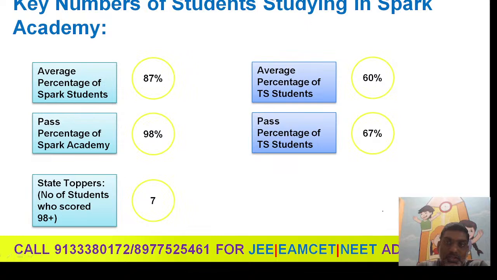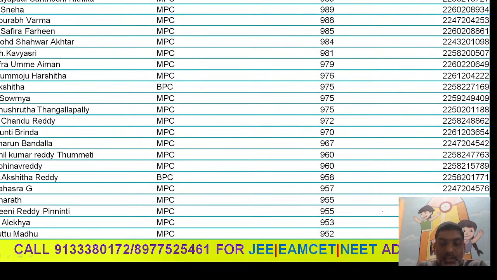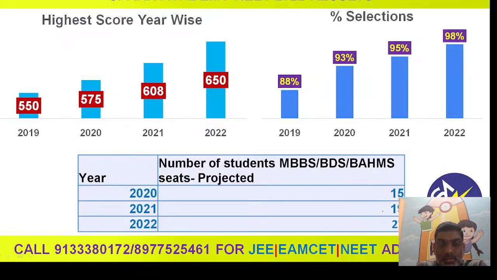Next, the number of students studying in Spark Academy. Average percentage of Spark students 87%, average percentage of TS students is 60, average pass percentage of Spark Academy 98, and pass percentage of TS students is 67. State toppers: including state toppers, that is 98 plus 7 students are there, and these are intermediate top scorers. And next, Spark Academy NEET 2022 results.